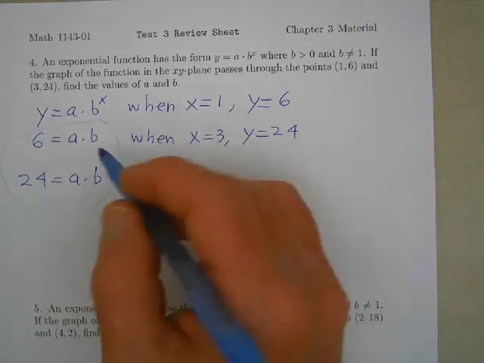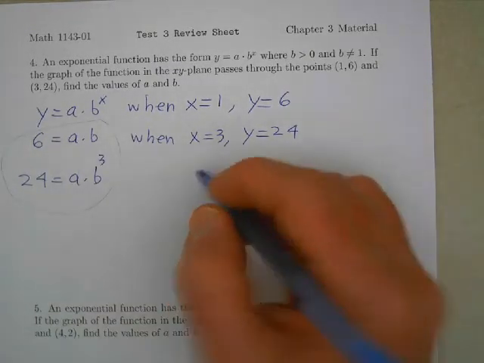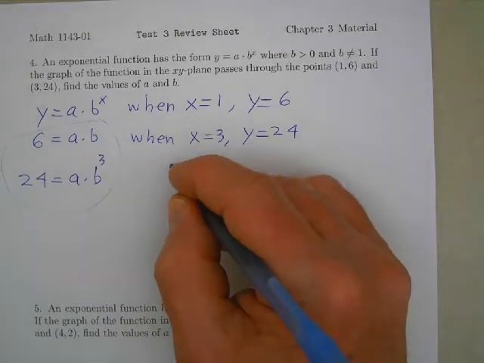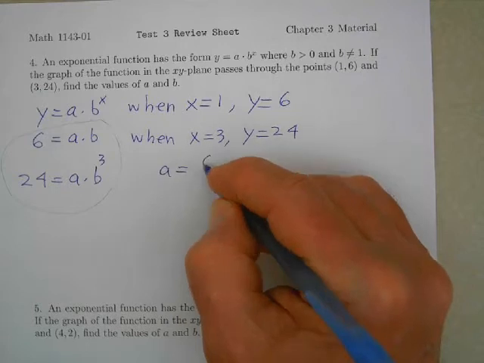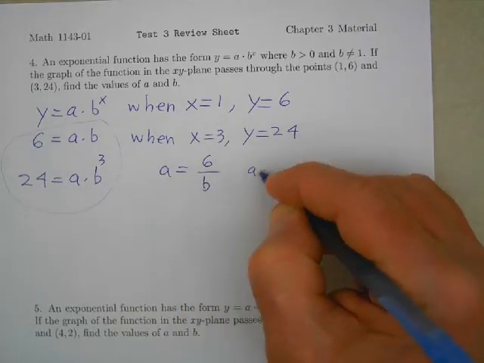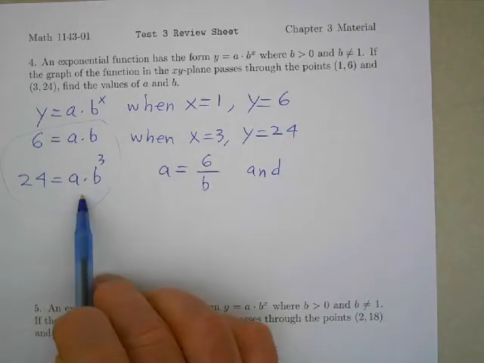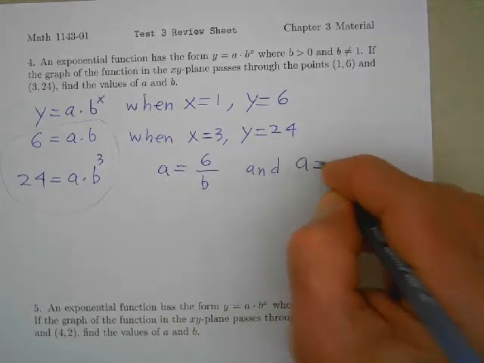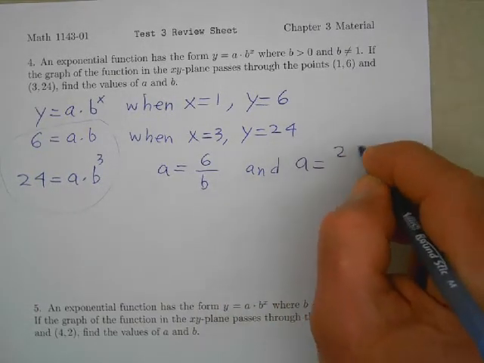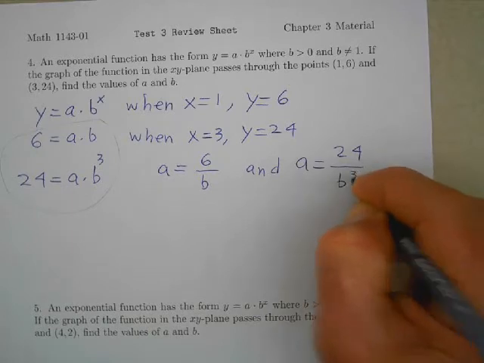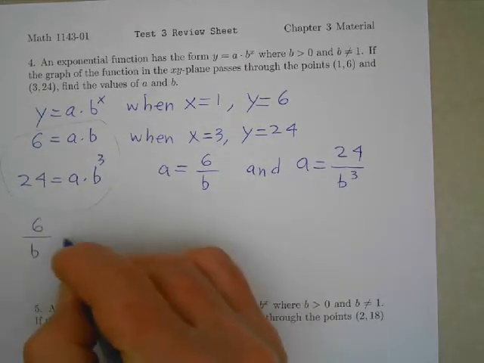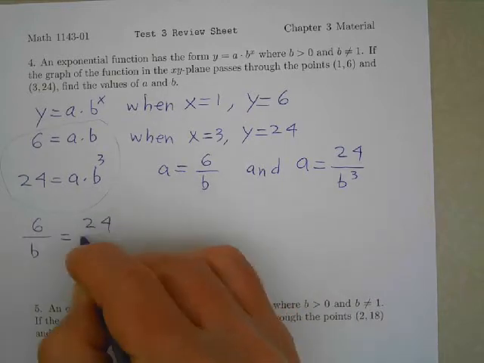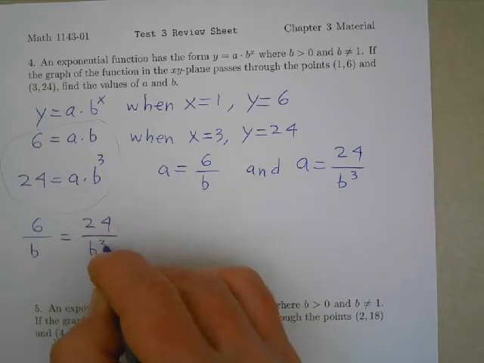One way is to solve each of the two equations for a. So if I solve this equation for a, I get a equals 6 divided by b. And if I solve the second equation for a, I get a equals 24 divided by b to the third. And then by substitution, I have 6 over b equals 24 over b to the third.